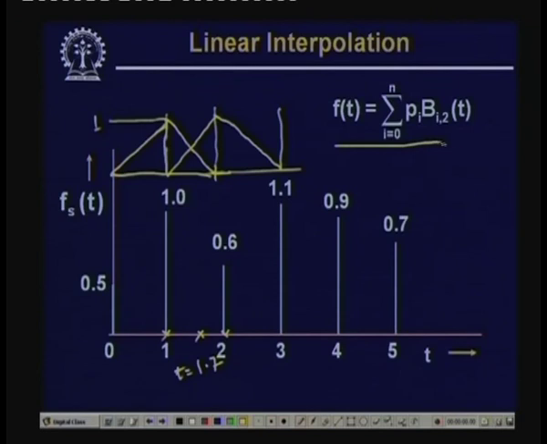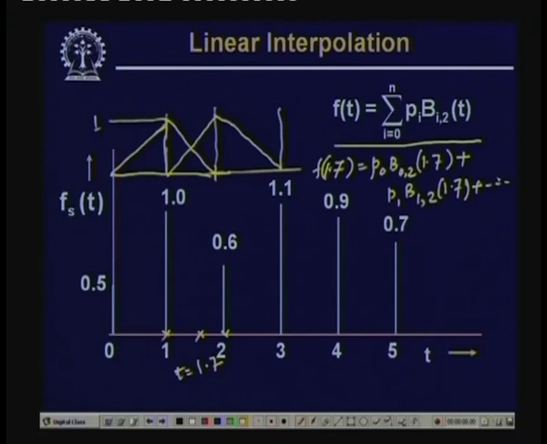Using this particular interpolation formula, f 1.7 is to be computed as p 0 b 0 to 1.7 plus p 1 b 1 to 1.7. So, it will continue like this.